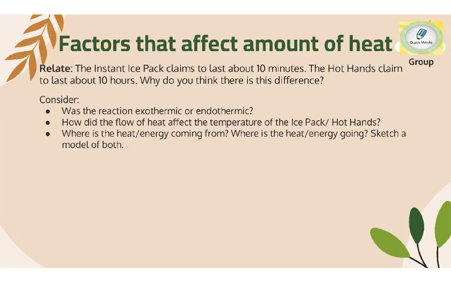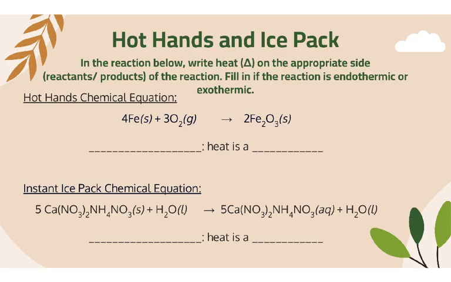I'm not going to go through this slide, but thinking of that activity and how you did that, feel free to touch base with a classmate or your teacher if you have more questions on this slide. Thinking back to that hot hands and ice pack activity, we had one thing that was hot when that reaction occurred, one thing that was cold, and so we had an example of both our endothermic and exothermic.